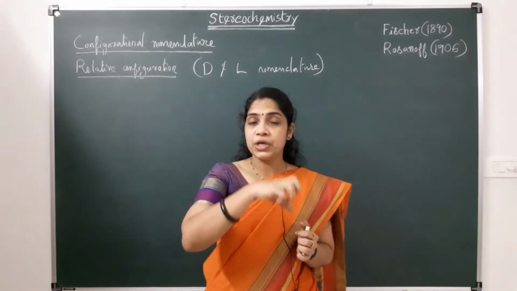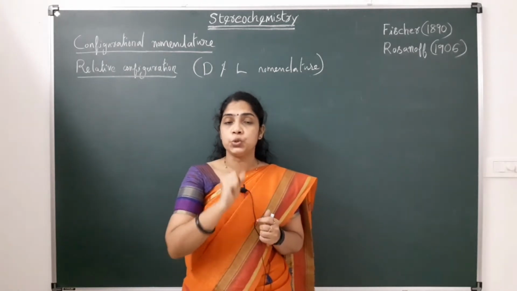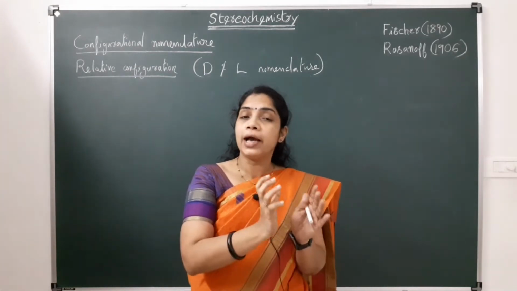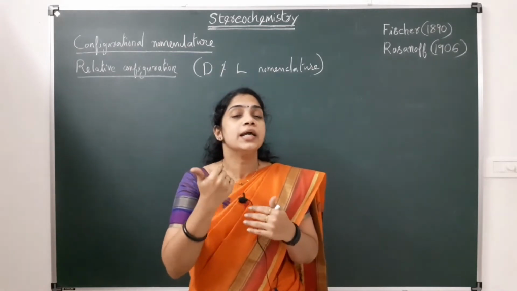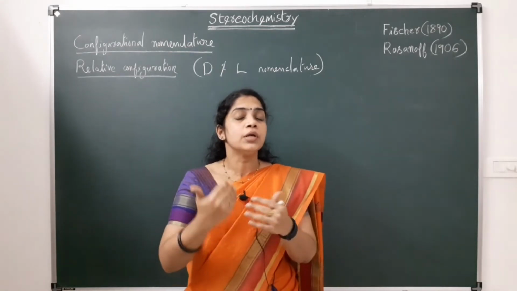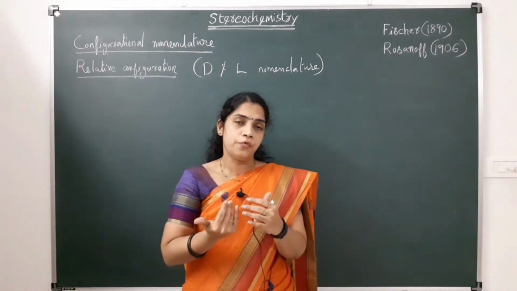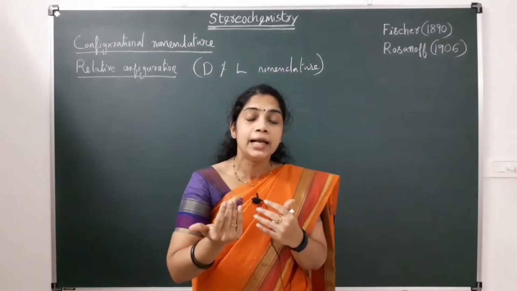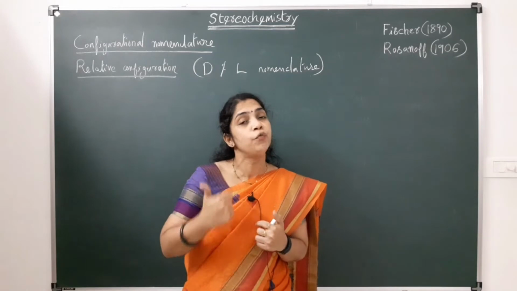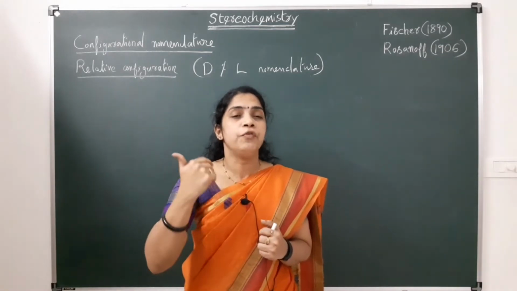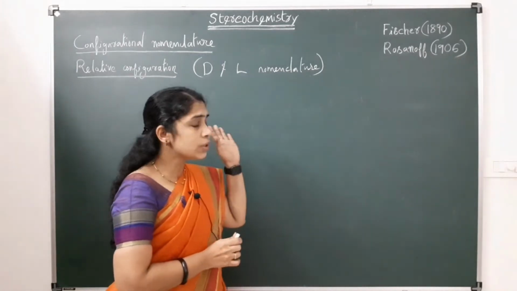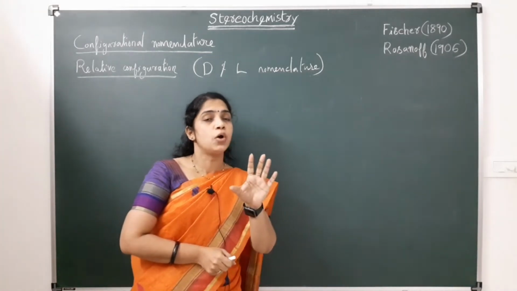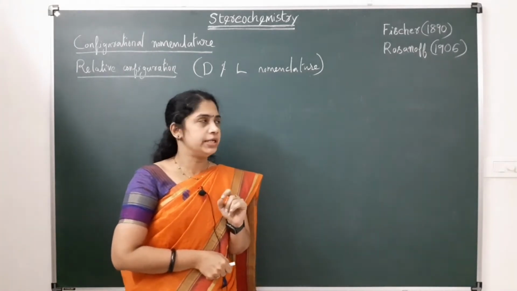So here the child was able to find whether the shoes are homochiral or heterochiral, that is, the child was able to find the relative configuration without knowing the absolute configuration or without knowing the chirality. Okay, so that is the difference between absolute configuration and relative configuration.